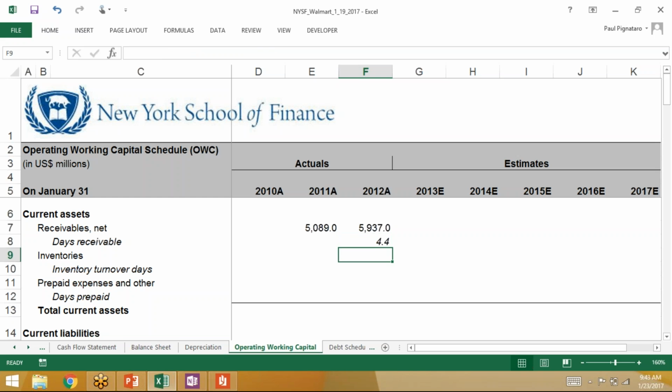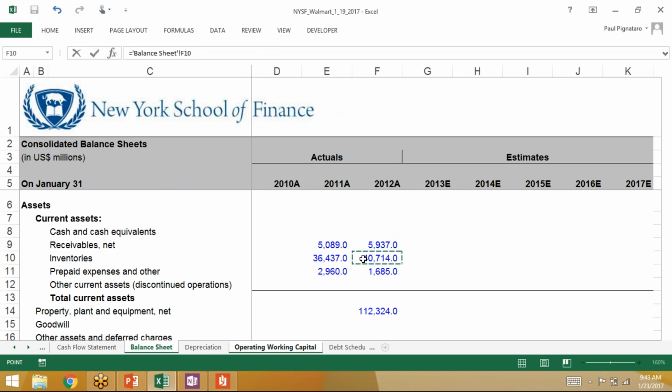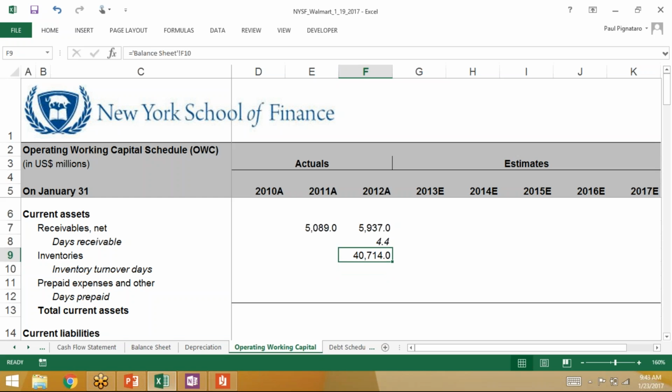Okay. Let's do inventory. I'm going to pull in inventory from the balance sheet. There's our inventories. What's going to be our formula here? Link it in real quick. Averaging inventory over revenue. Not revenue, also cost of goods sold. Okay, good.